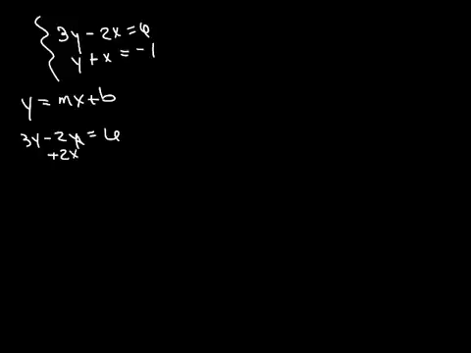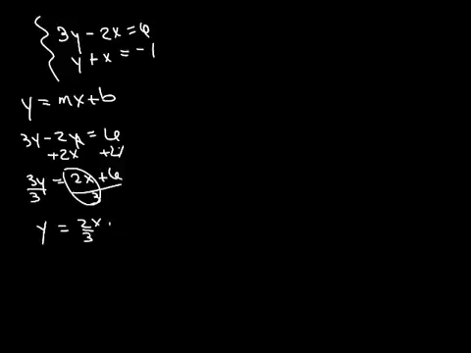So we add 2x, and we get 3y equals 2x plus 6, divide by 3, divide by 3, y equals, and then we split these up. 2/3 x plus 6 over 3. 6 over 3 is 2. So there is the first one in the slope-intercept form of the equation, y equals 2/3 x plus 2.